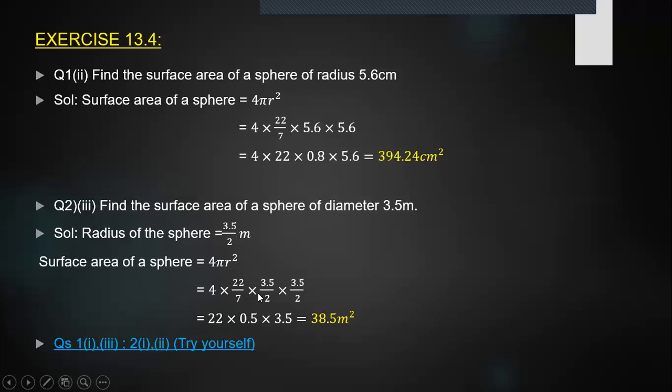I've cancelled 3.5 with 7, that's giving us 0.5. And both the 2's that you see in the denominator get cancelled with 4. So what is left is 22 into 0.5 into 3.5, which is giving the area as 38.5 meters square. Now, two parts of the first question and two parts of the second question you will try yourself.